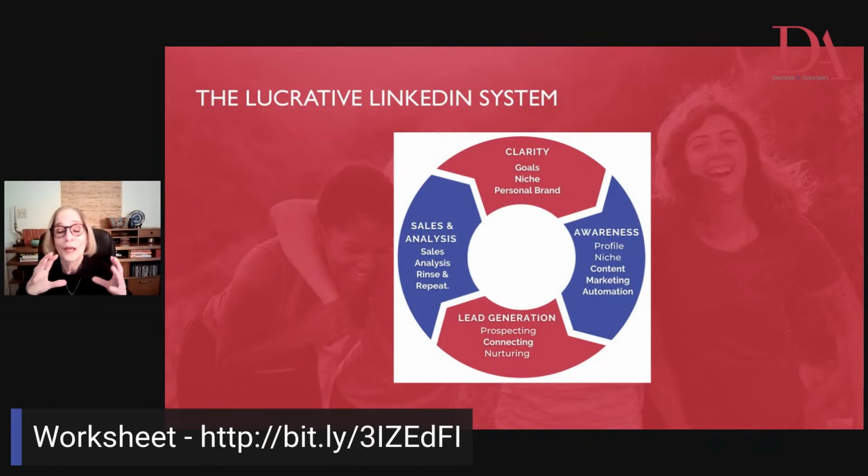Okay, so it doesn't matter what strategies you're using for lead generation. They're going to go look at your profile. Okay, so that's why it's so important. In lead generation, we're really talking about three things: prospecting, finding the right people, connecting with them in a way that they will respond to, and then finally, nurturing.